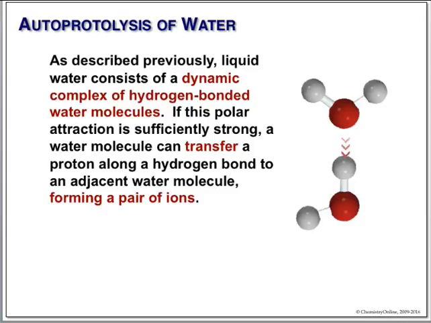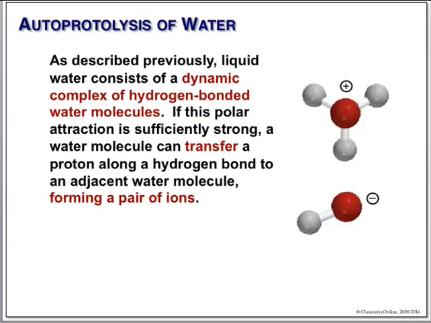Remember how consumed this hydrogen was by both of them. A tiny little nudge of energy, and by George, hydrogen can transfer from one to the other. When you do that, you form H3O. This is hydronium, positively charged. Down here we have hydroxide. It's negatively charged.